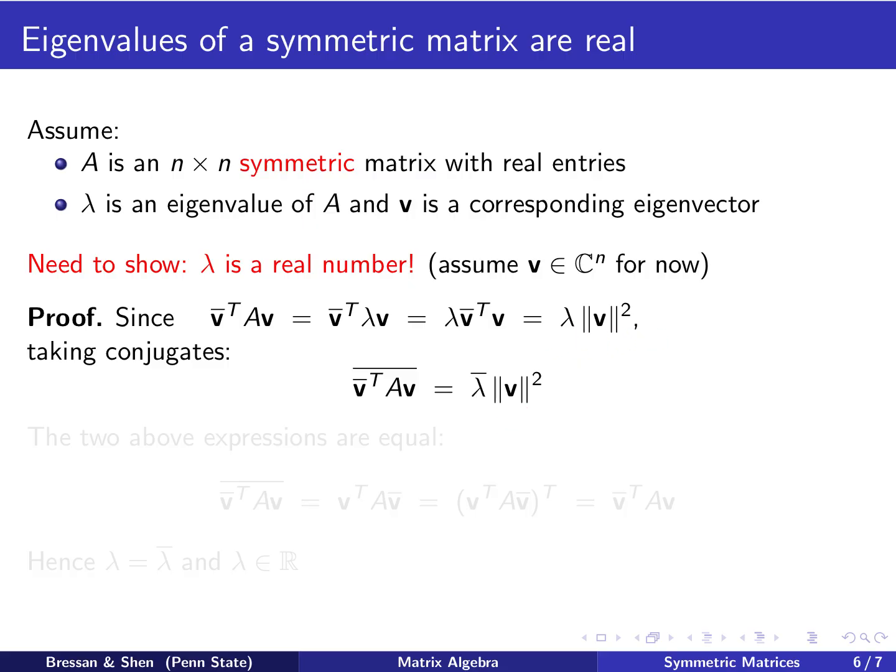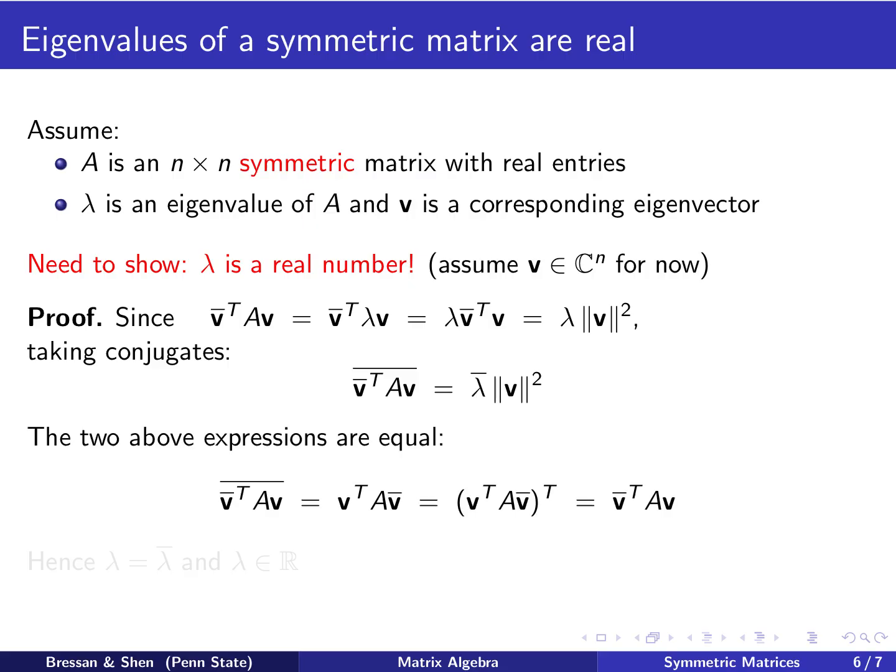And since this norm is real, we're just taking the conjugate of lambda. So now it remains to show that these two expressions are equal, meaning that the two left hand sides equal each other.